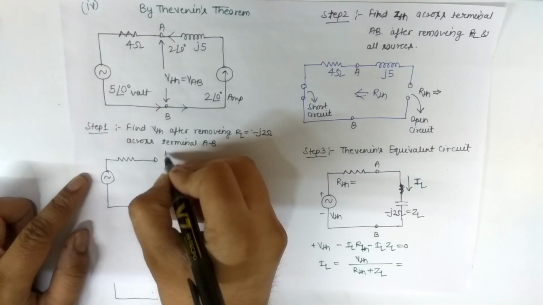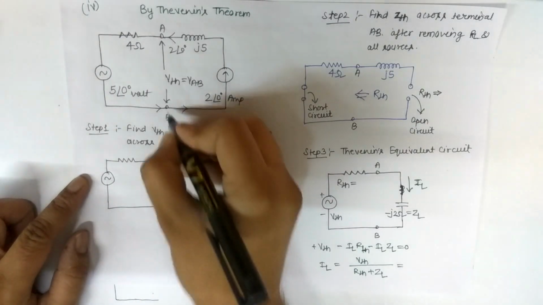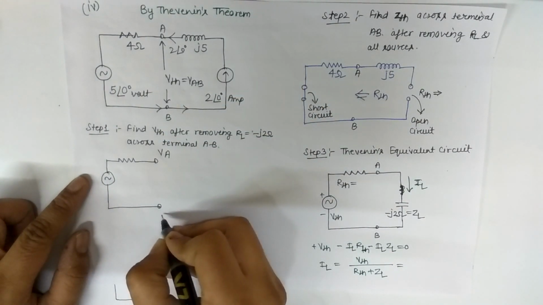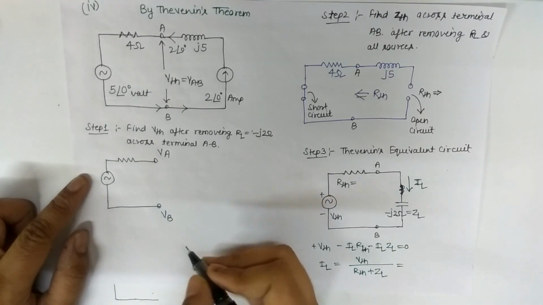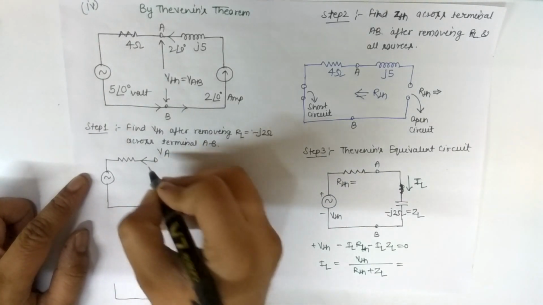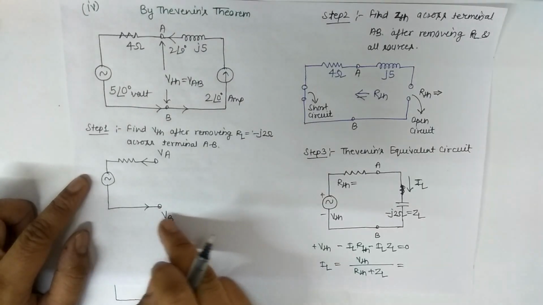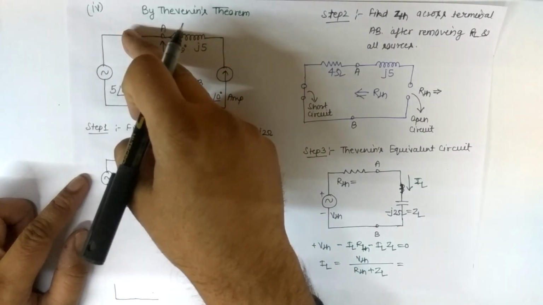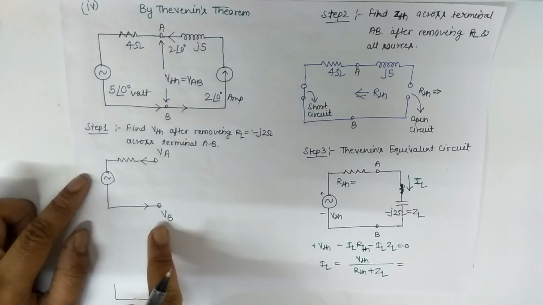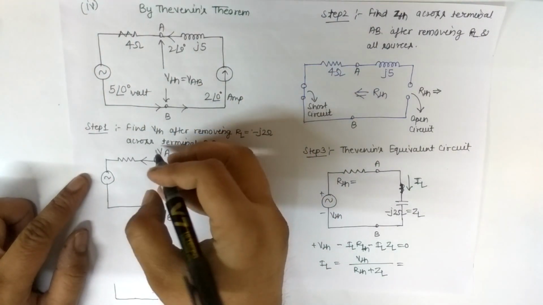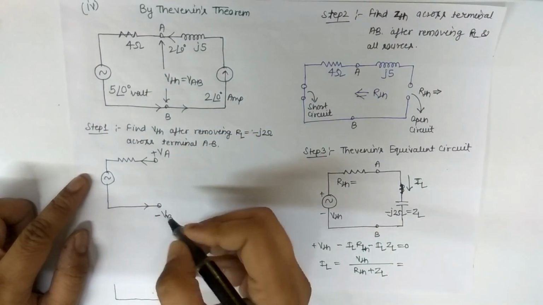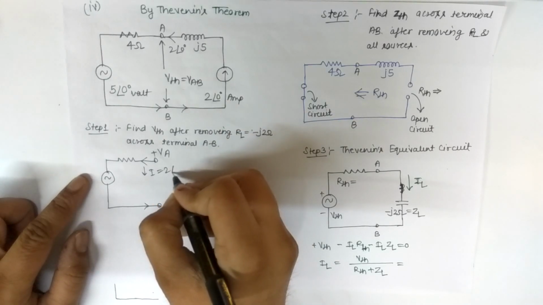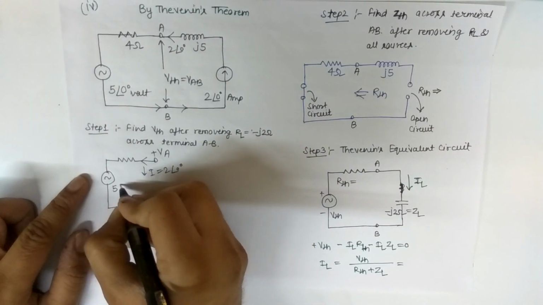So this is A, let us say terminal VA, and we consider this is B, then the potential is VB. So current is entering in this terminal in this way, and it is outgoing from this terminal because we consider the convention, and here current is entering in this node. So we consider this is positive, this is negative, and the value of current I is 2 angle 0 degree, and this is 5 angle 0 degree.